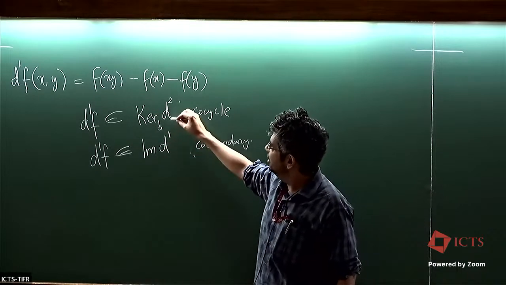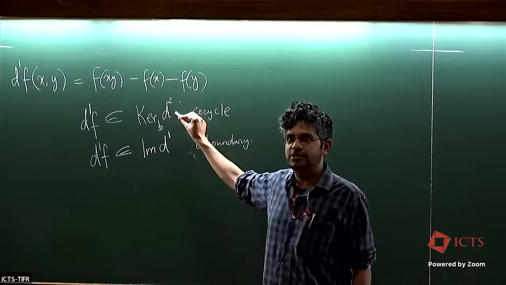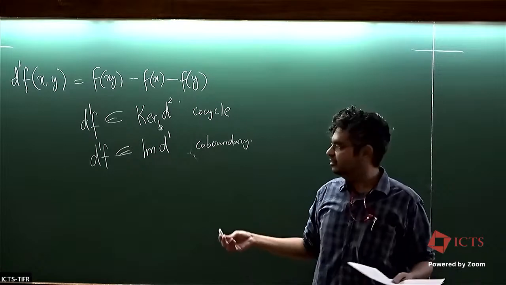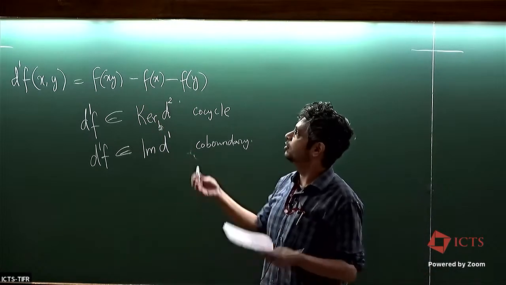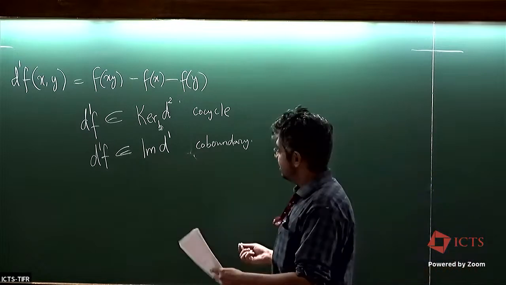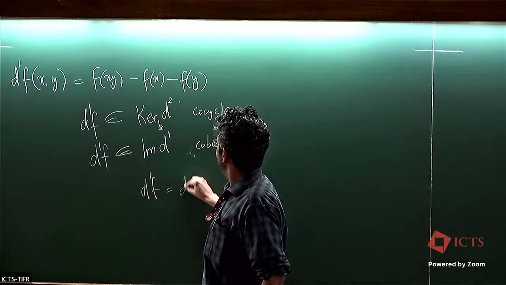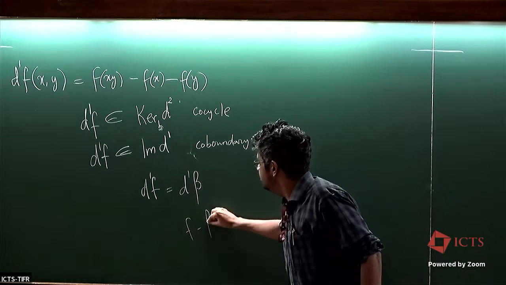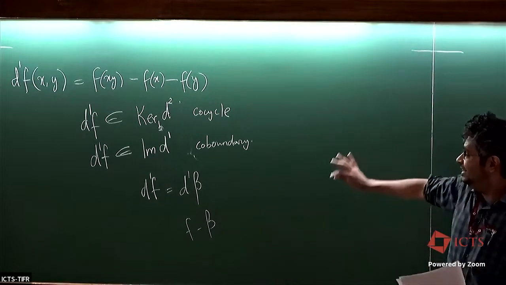So it's the kernel of d2, but also bounded. This is the notation here. But it's also a coboundary in the usual sense, because it's already written as a coboundary. It's just that we don't know if it's a coboundary of a bounded function. And that's the question here. Because if you could write d1 of f as d1 of some beta, where beta is a bounded function, then f minus beta will be the homomorphism that you're looking for.